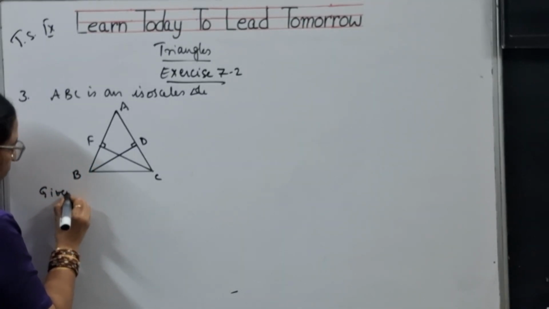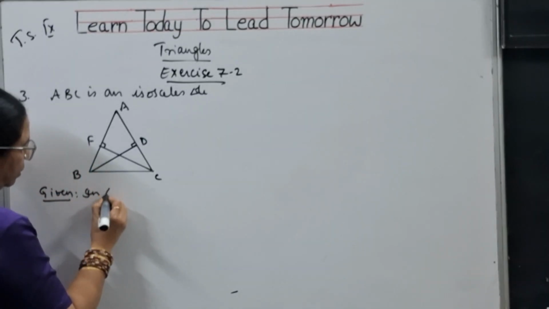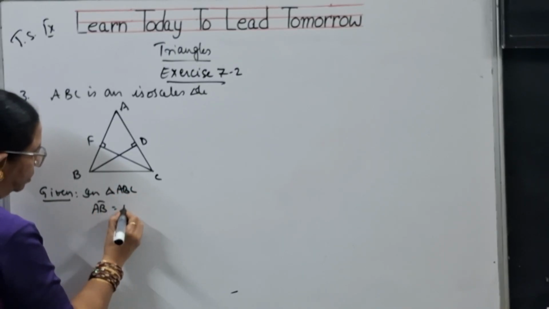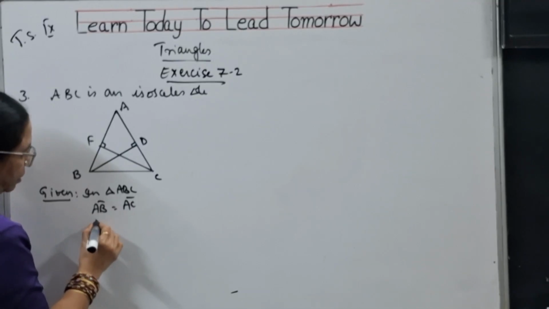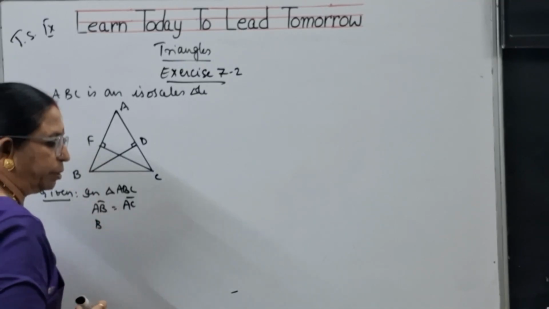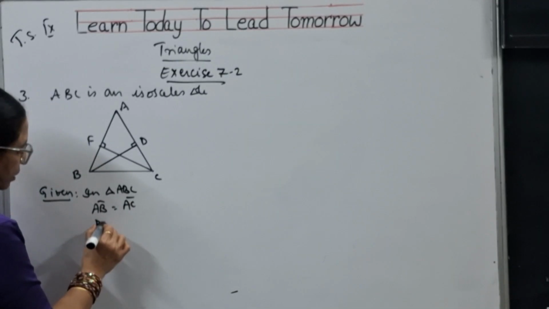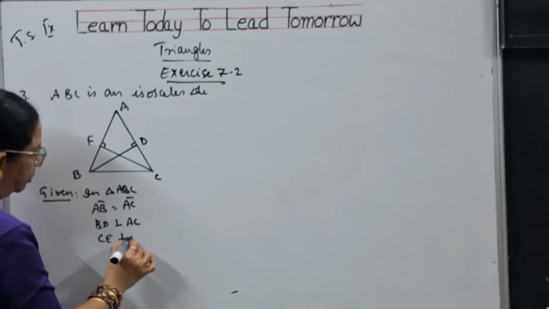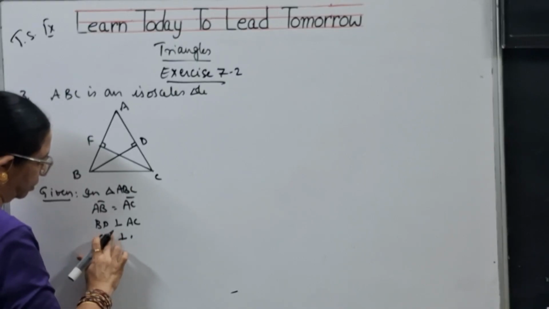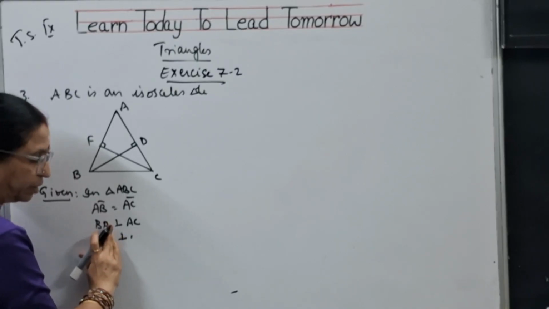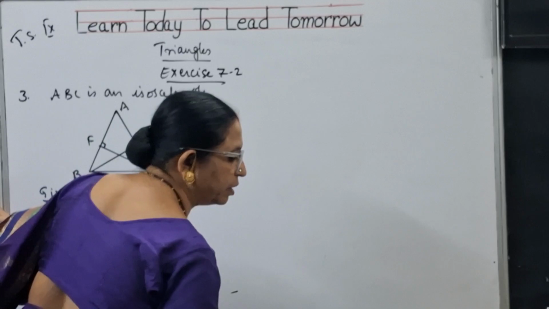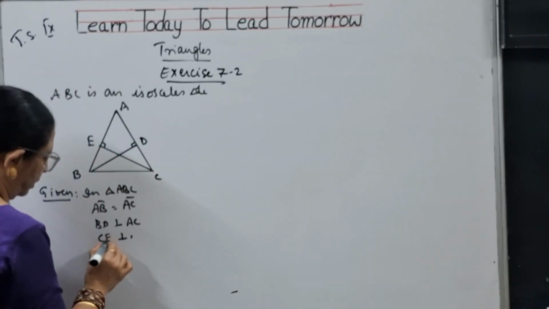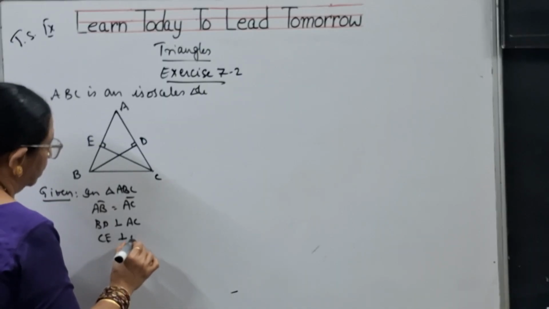So, what is given to us in triangle ABC? AB is equal to AC, and altitudes BD and CE. BD is perpendicular to AC, CE is perpendicular to AB.